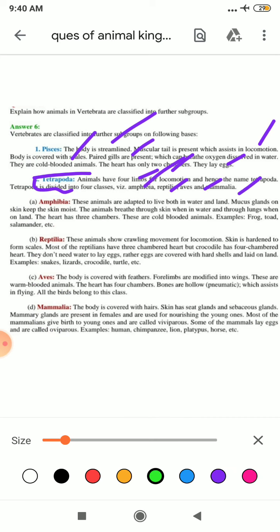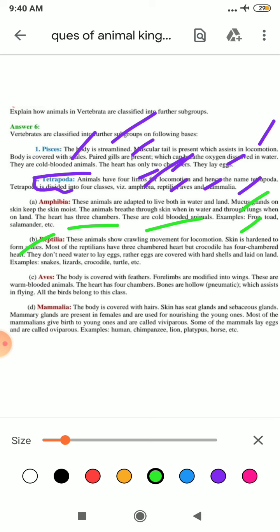I've told you about amphibia, that they live in both water and land. They have mucus glands which keep their skin moist. The animal breathes through its skin when in water, whereas through lungs when on land. It has a three chambered heart, whereas fishes have only a two chambered heart. They are cold blooded animals, for example frog, toad, salamander.